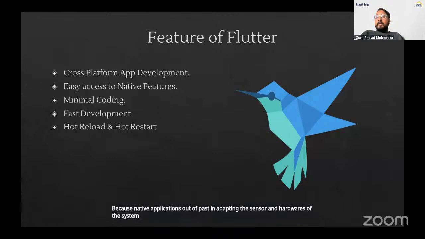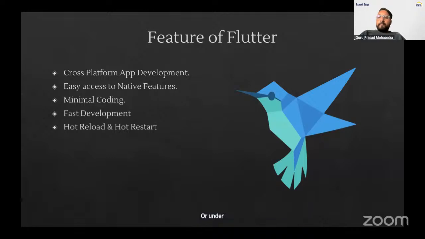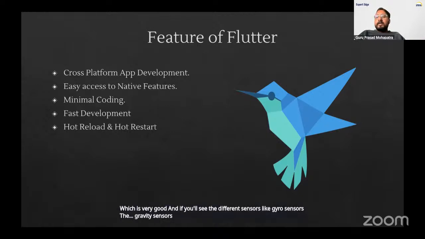The native framework is specifically built for, let's say, Android 10, Android 11, or Android 13, and the native platform will give you specific APIs for that specific platform, which is very good. And if you look at different sensors like gyro sensors, gravity sensors, the accelerometer, different sensors in Android, if you want to use them, native is a very good choice.